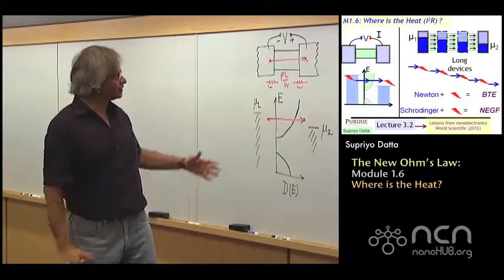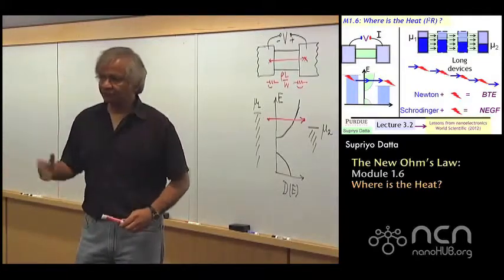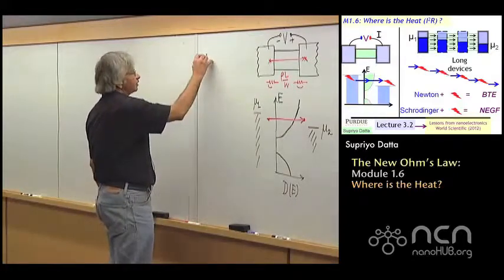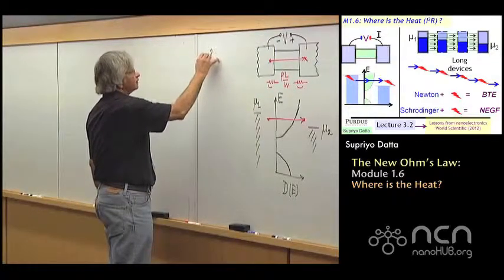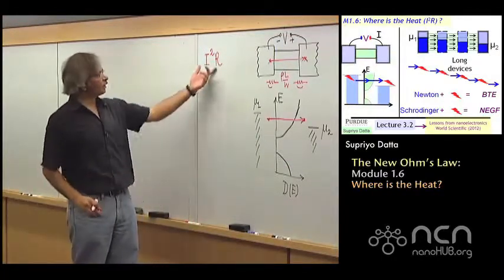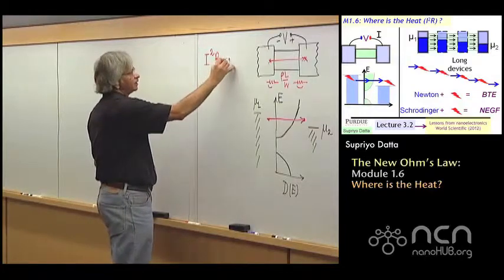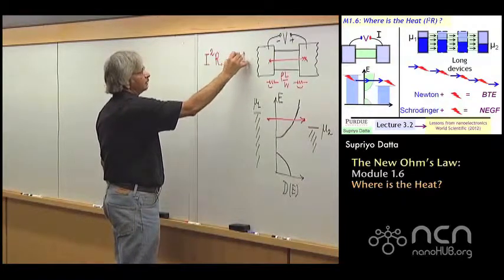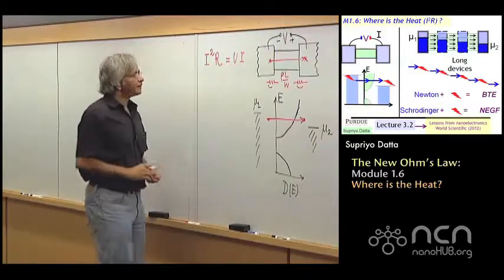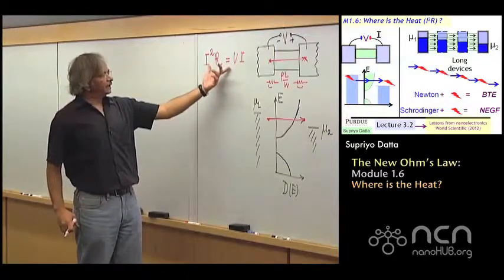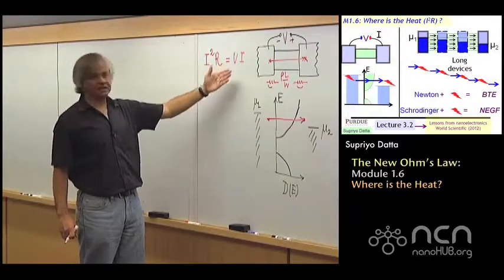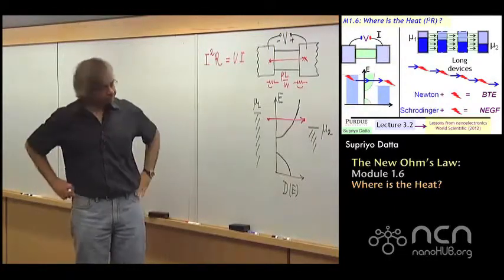What I mean by that is that if there's a resistance, one of the things that people knew is that anytime current flows through a resistance, there is what's called Joule heating, I squared R, or sometimes you write it as V times I, because I times R is voltage. If there is a non-zero resistance, there is heat generated somewhere.